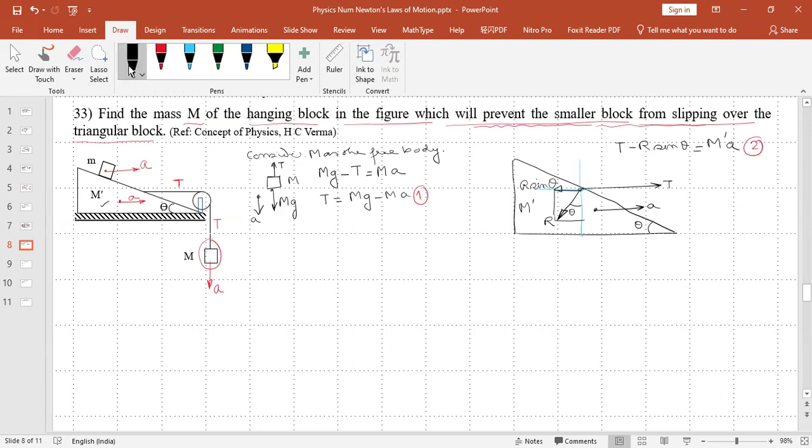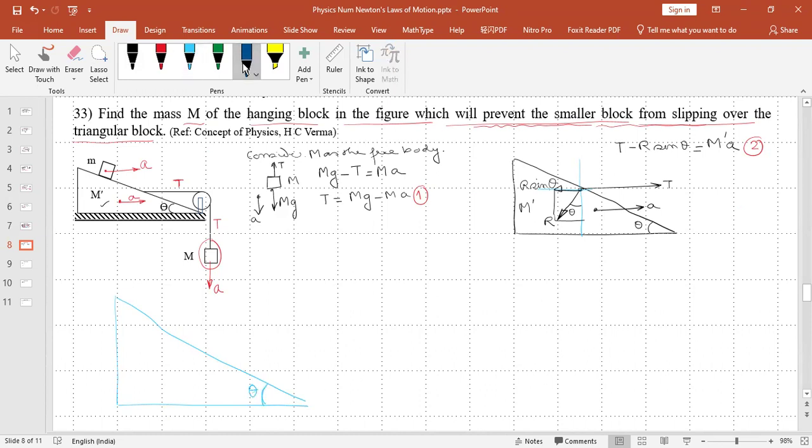And we look at the small block. This small block is also lying on an incline whose angle is theta.